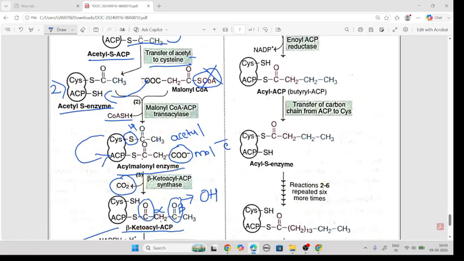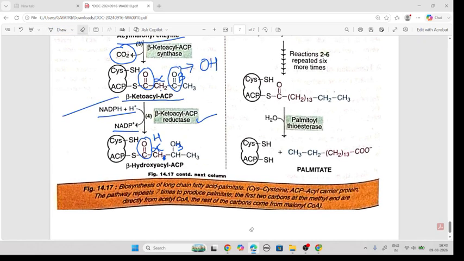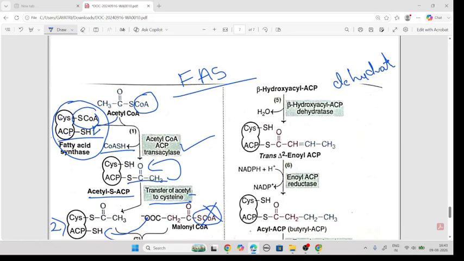How is the water molecule released? Here already CH2 is there. Can I write like this? Whatever the CH2 is there, we will write it as CH and H. Here already OH is there. You have seen that here already OH is there. So now they will combine to form water molecule and that water molecule will be released out.